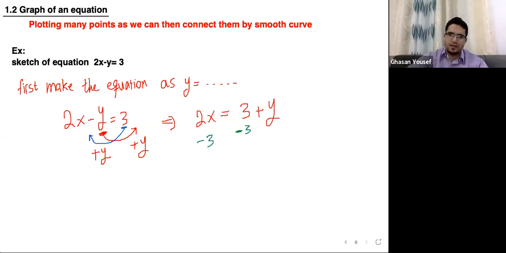When I subtract the 3 from both sides, this will be cancelled out. Now after this, I will get 2x minus 3 equals y.